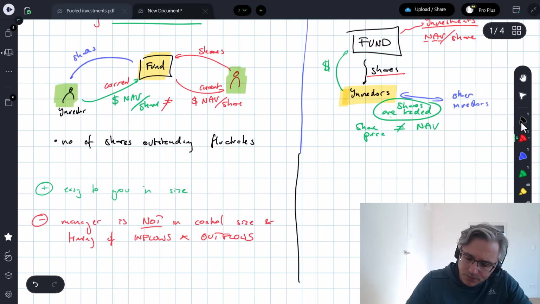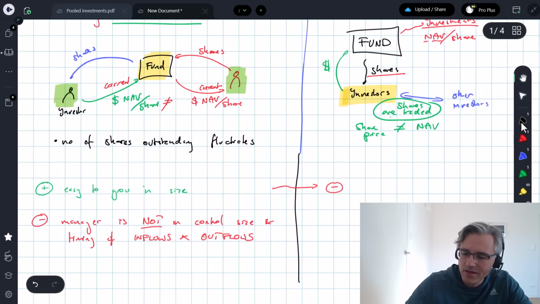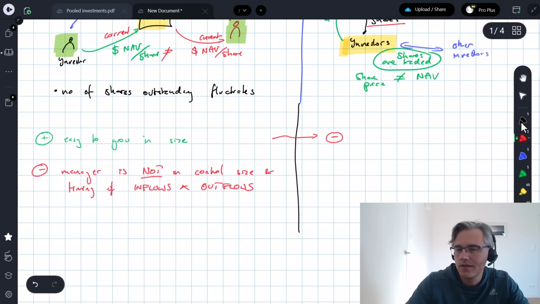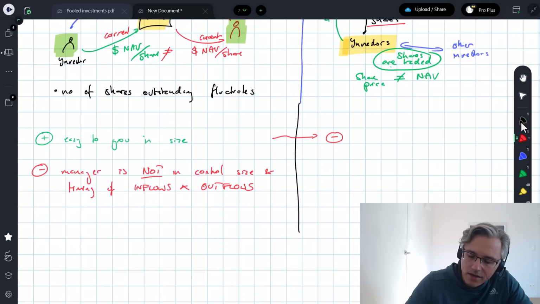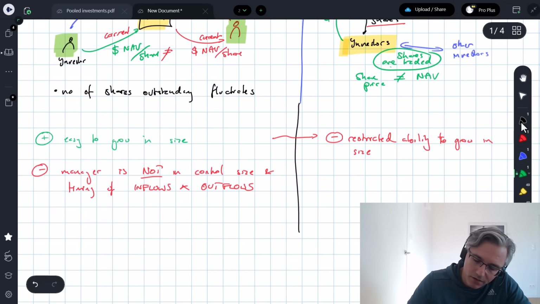Now, of course, what is positive here can be turned easily into a negative on the other side. A closed-end fund, once it's sold its shares, has a restricted ability to grow. So these funds never really become that big. But we don't have the same problem as over here.